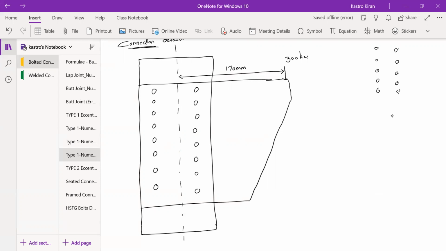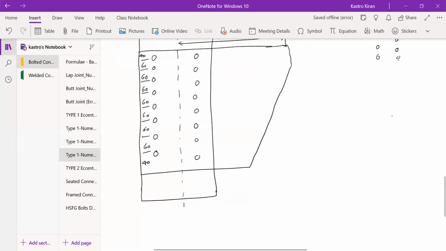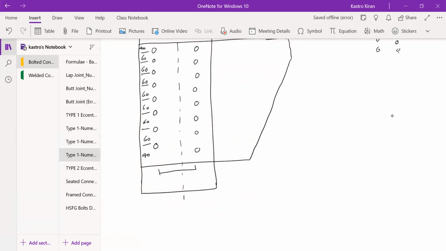Then give the notations for this. The edge distance is 40 and the pitch distances are 60. Make sure to note down all the edge and pitch distances. You also have the gauge distance, which is 100 mm. This is the bracket plate, having a thickness of 10 mm.